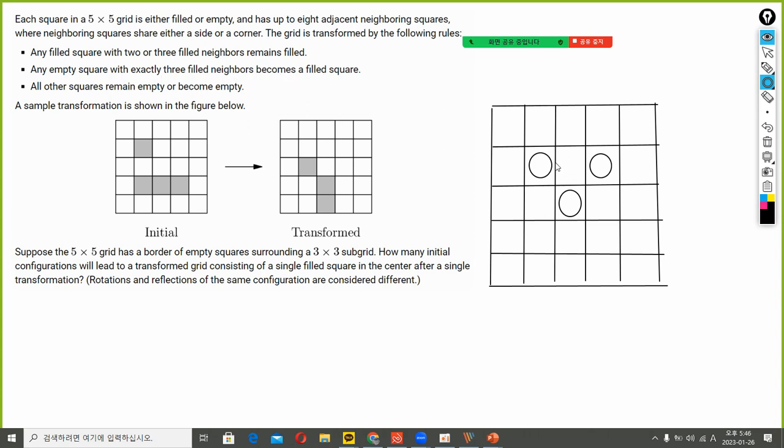So that means after transformation, this one will be filled. So that also we don't want. So that means we cannot make this corner filled.